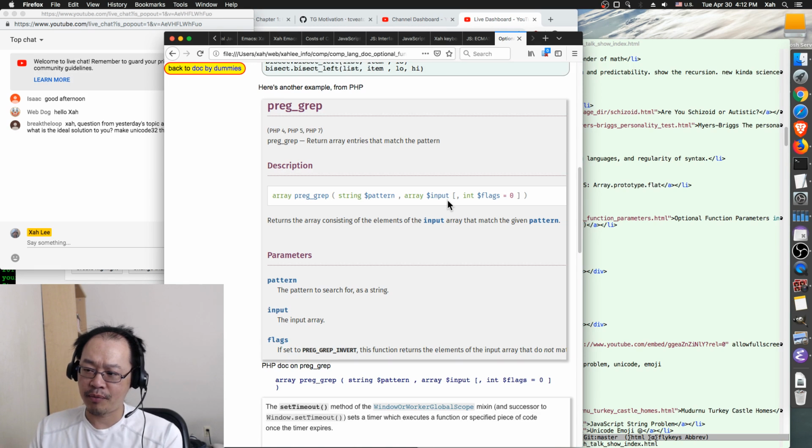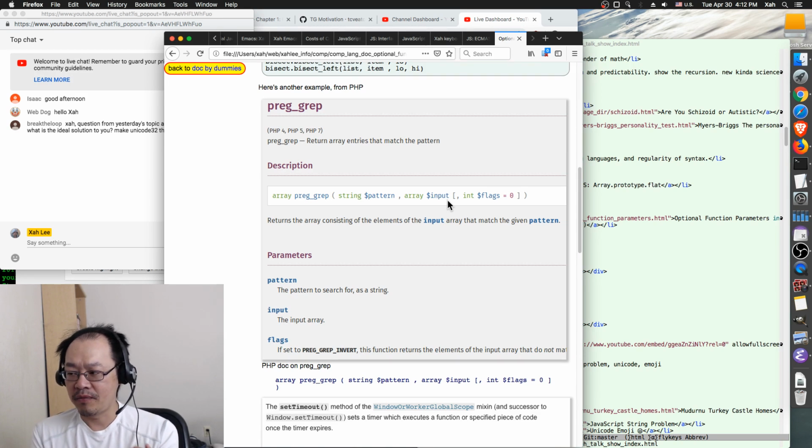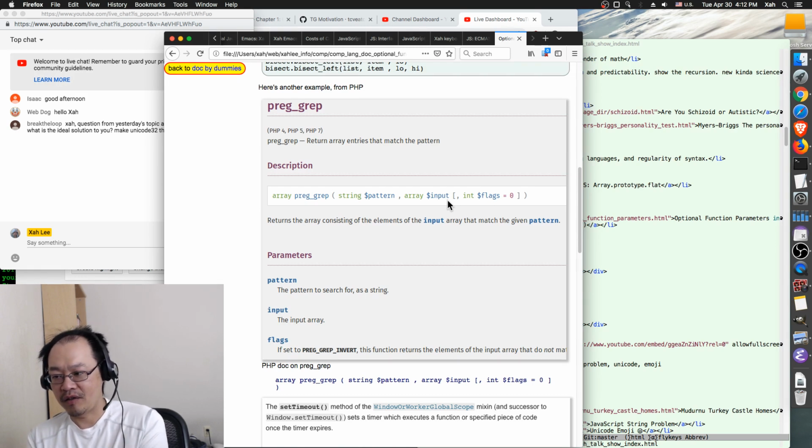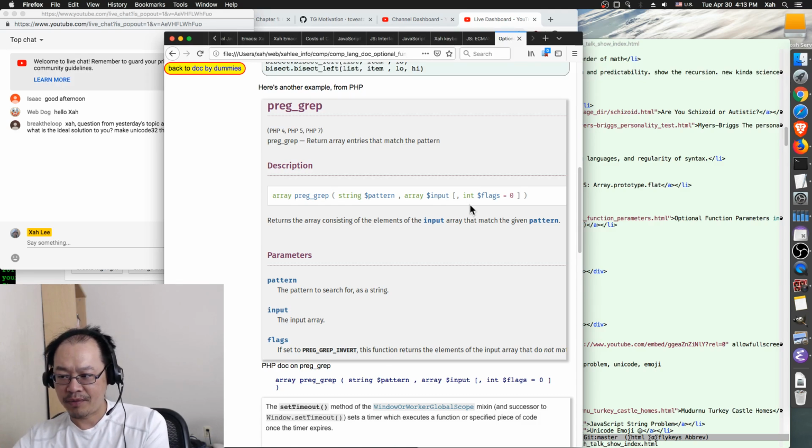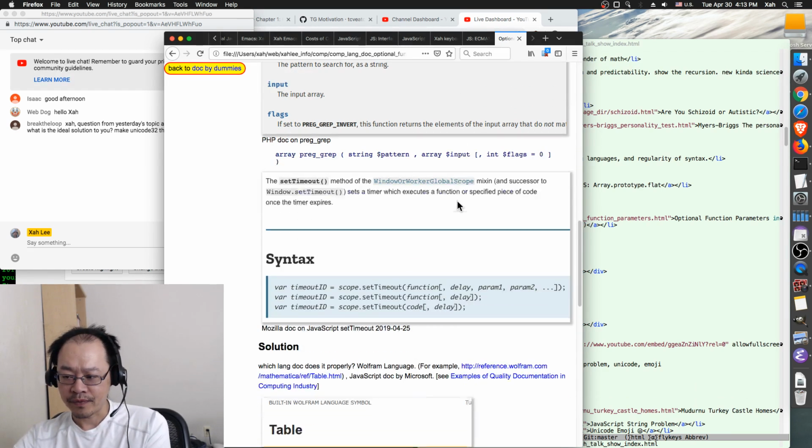You put a square bracket after some variable name, then inside the square bracket may be a number like 2. That means you want to get the second item of that array or string. So they use this square bracket to indicate optional parameters, and then inside you have a comma. This is very, very extremely stupid.